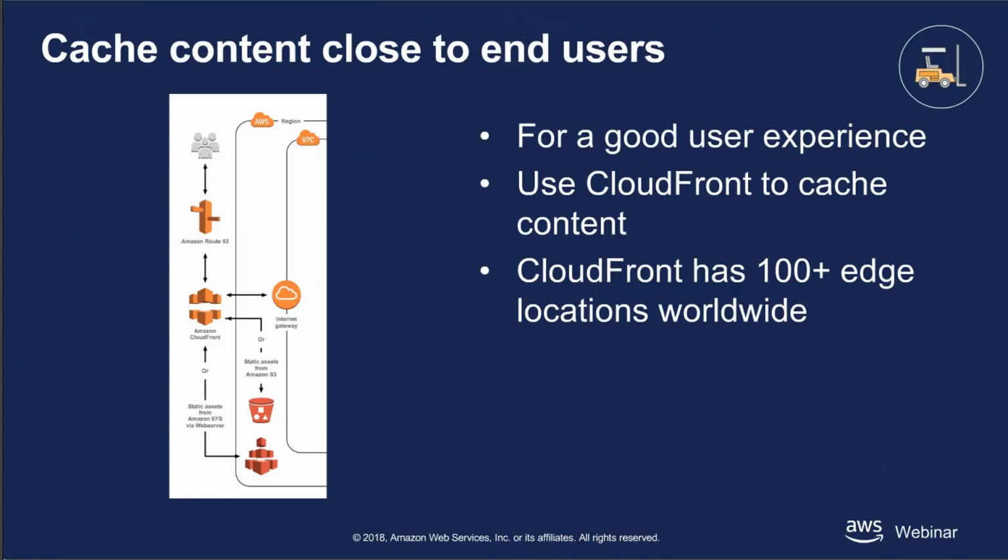So one of the last pieces I want to talk about is this idea of caching content close to the end users. Websites today typically deliver a mixture of static and dynamic content. Static content would include files like JavaScript or style sheets.